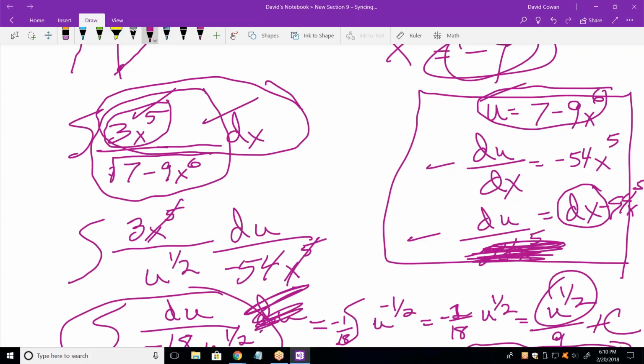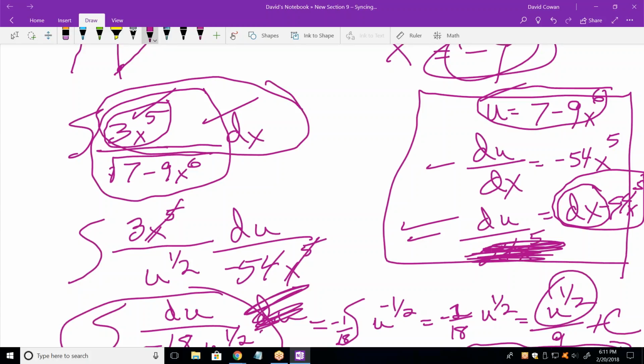In other words, if I factor out a minus 18 from du, I get exactly 3x to the 5th dx. And that's what I substitute for du. But that is kind of like skipping a step, which is fine, and that's what the schools teach you to do, is get it to there.